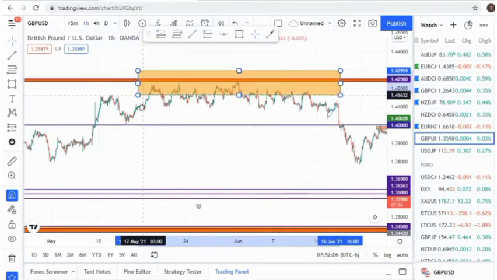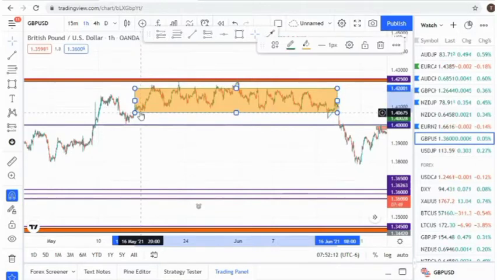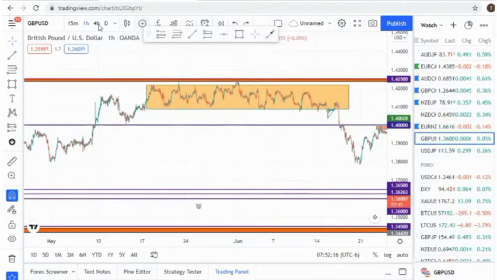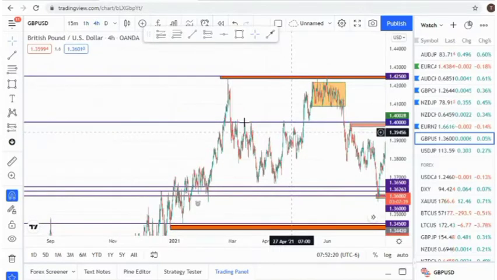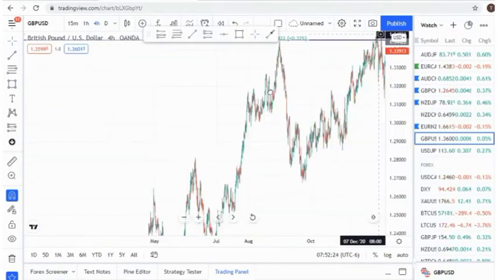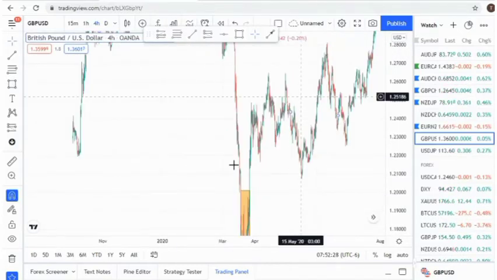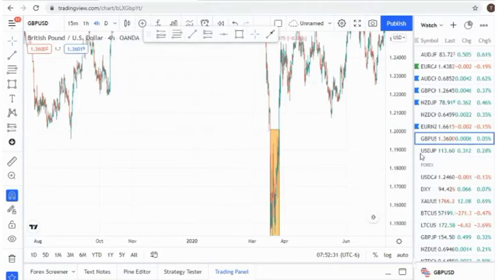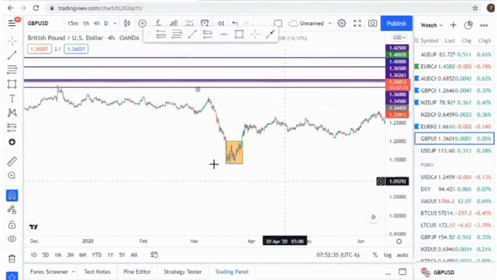Why you are cloning it is for you to see its exact movement and how it moves. So let me show you where the distribution phase came from. If you zoom out, somewhere here, boom, that's it. This is the accumulation phase that gave rise to that rally of GU to the upside.